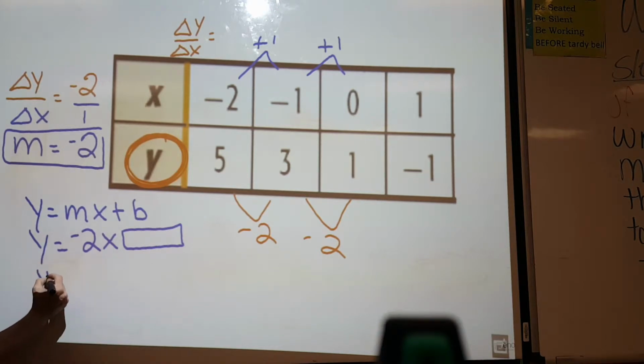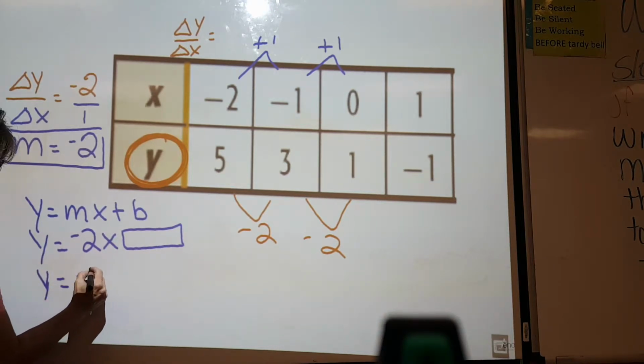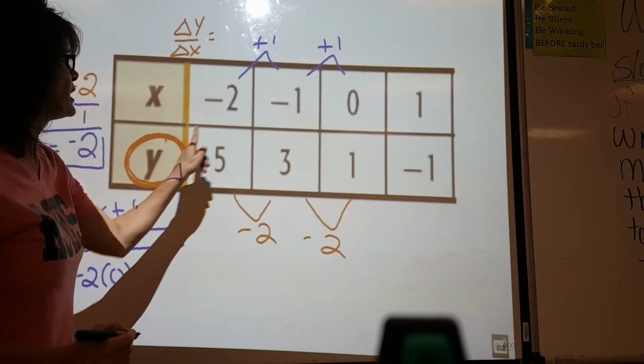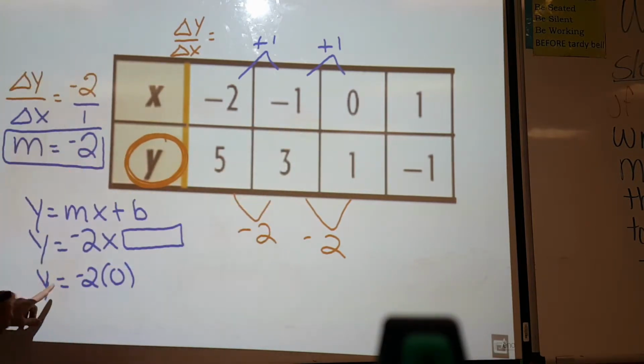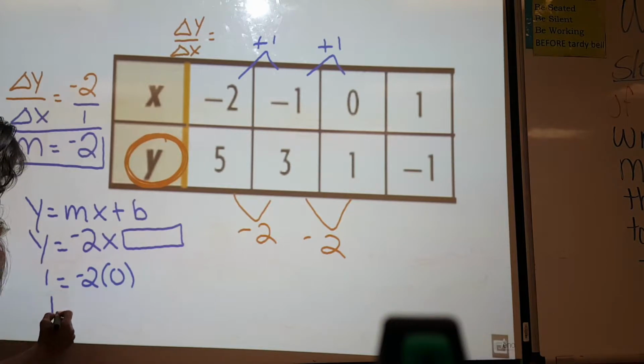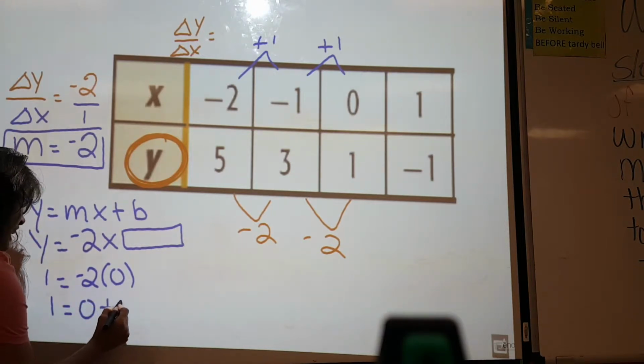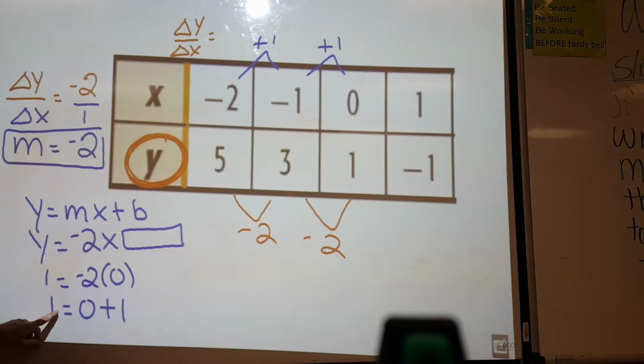So I have y equals -2 times 0. And it's saying to me that when x is 0, y has to be 1. So this is actually going to be 1. So 1 equals 0. And that's very strange, because 1 doesn't equal 0. But if I added 1, then 1 would equal 0 plus 1.